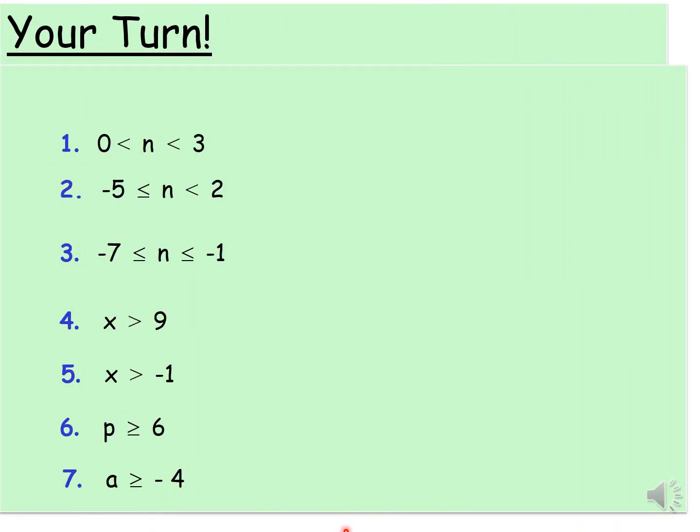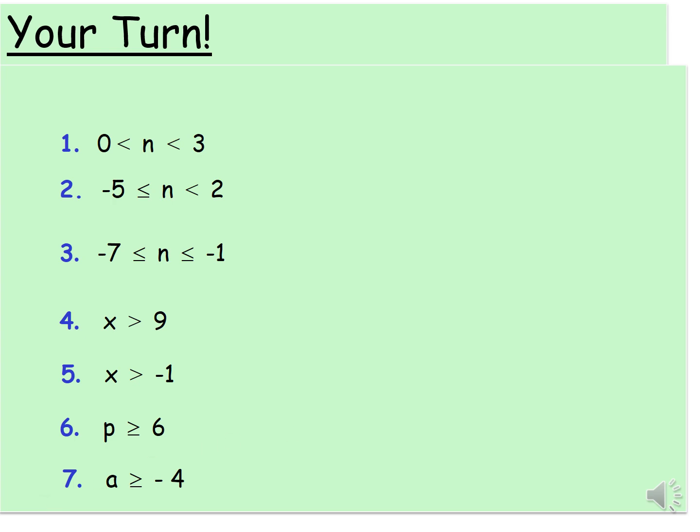Okay, here are some examples for you to try. Just write on a piece of paper how you would read those inequalities. Pause the video and quickly write it on a piece of paper. You don't need to take a picture of this part. Once you are ready, we can go through the answers.